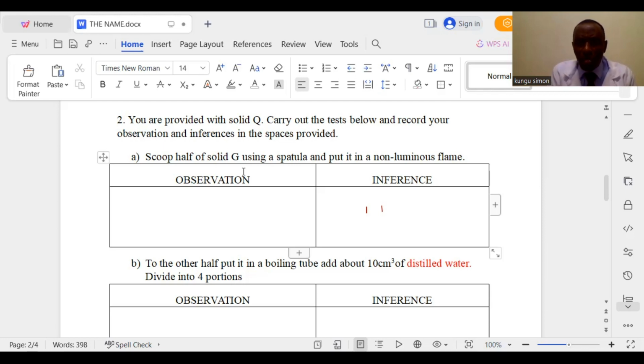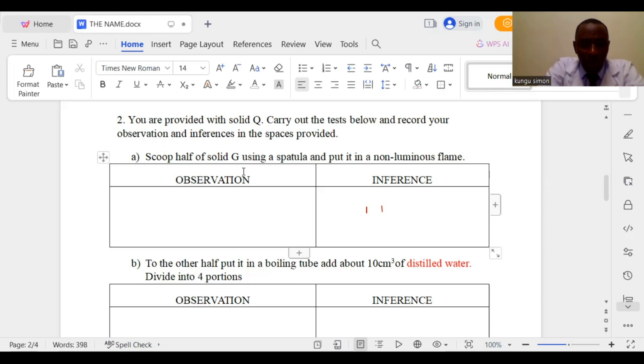At the same time, we can also have a yellow sooty flame. The substances that produce a yellow sooty flame are normally the unsaturated and the long chain organic compounds. Any organic compound with a long chain of carbons may burn with a yellow sooty flame.